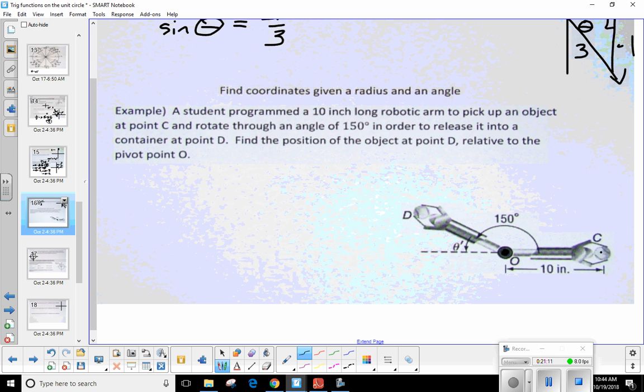What are the coordinates of the ball where it starts? 10, 0. And here's what the question is asking: once it rotates this 150 degrees and drops the tennis ball, we want to know what the coordinates are where it drops it.